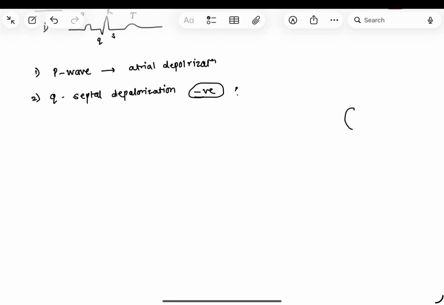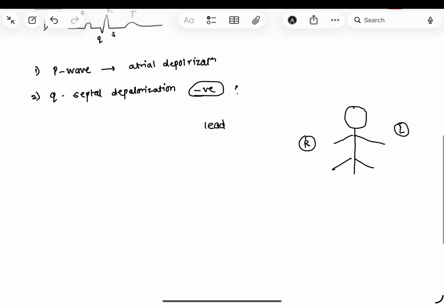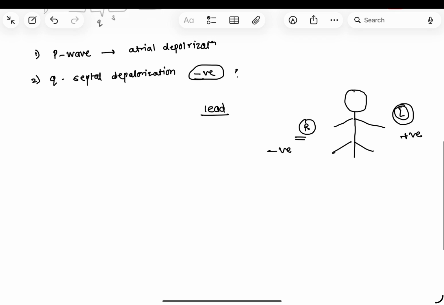Suppose this is your body, this is your upper limb, this is your lower limb, this is your left side, this is your right side. In lead 2, the right hand consists of negative charge and the left hand consists of positive charge. So there is a dictum: whenever a charge flows from negative to positive, we will get the ECG in upright position, right?